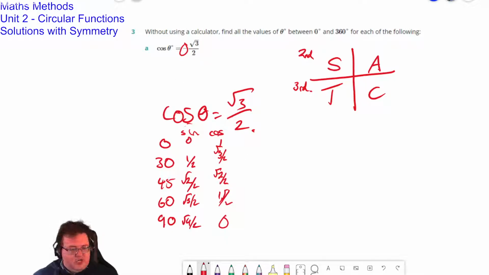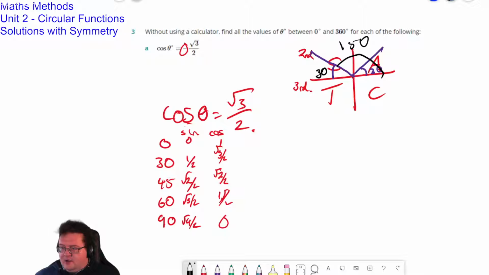So we're dealing with cos of 30. That means our reference angle that we're working with is 30. But we are over here. So if that angle is 30, what's that? 150.